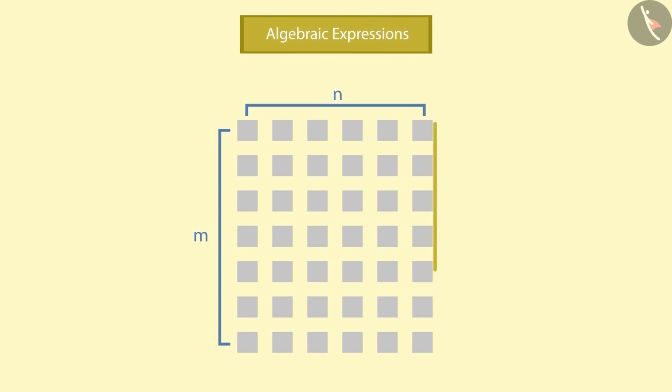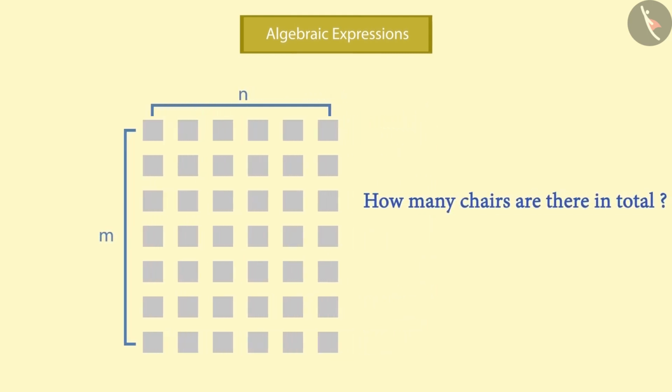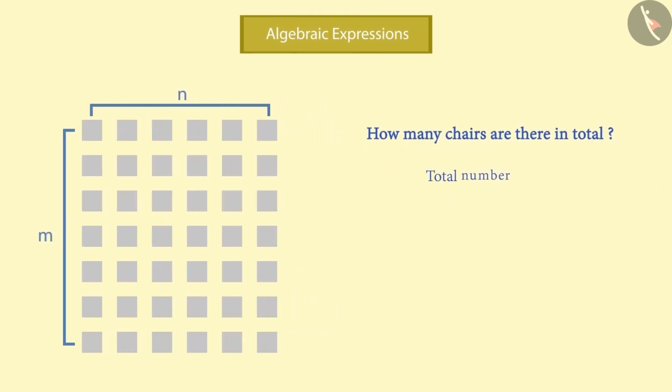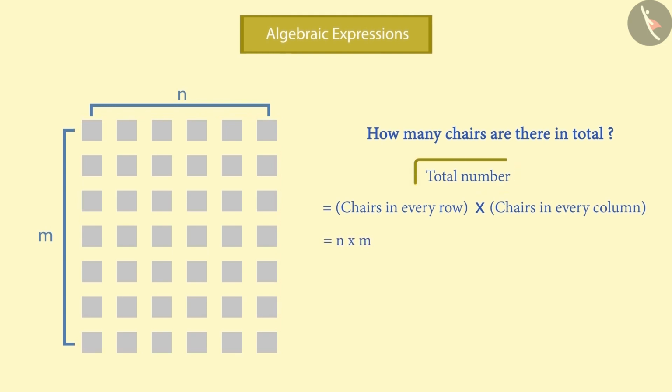Can you tell me how many chairs are there in the cinema hall? Absolutely right. The total number of chairs will be equal to the product of m and n. The multiplied result of the number of chairs in each row and each column will be equal to the total number of chairs in the cinema hall.